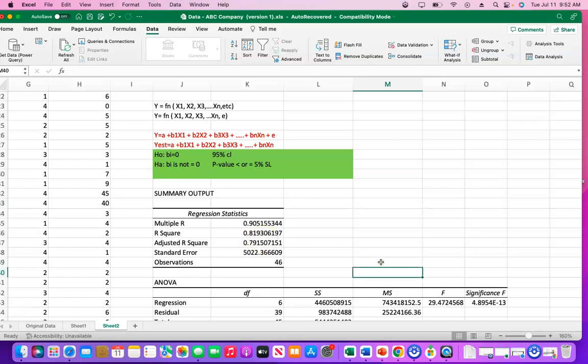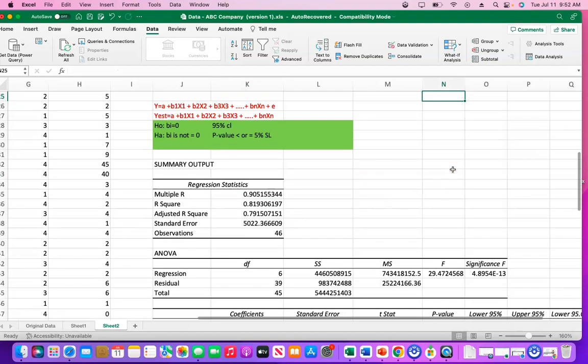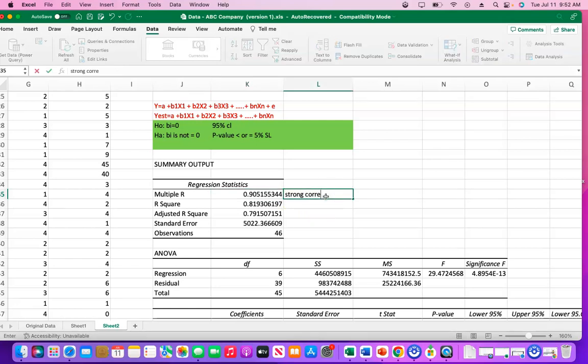In that case, the multiple R, or the correlation between the estimated values, or Y estimate, and Y observed, shows that the model actually fits because we have a strong correlation, which we call multiple R. So here I'll write, we have strong correlation.